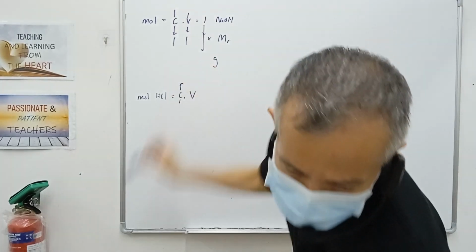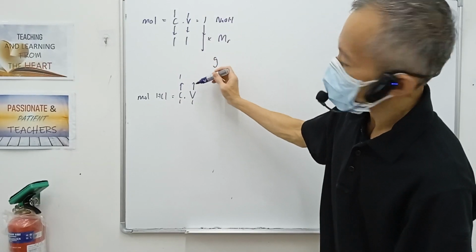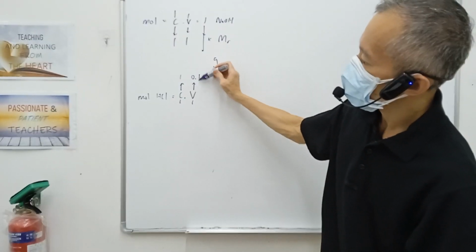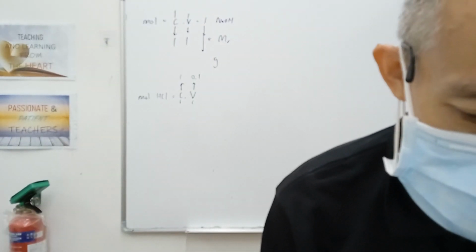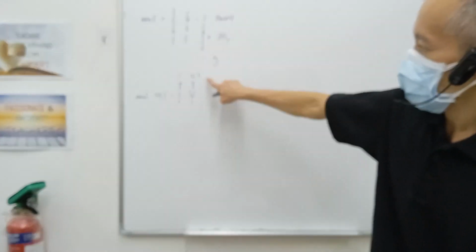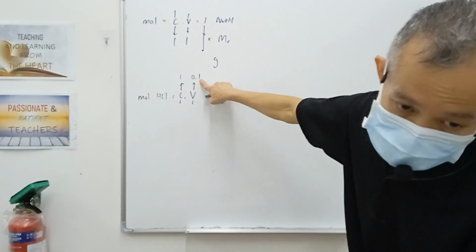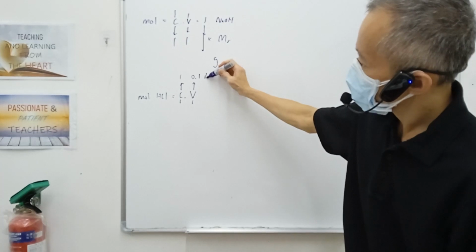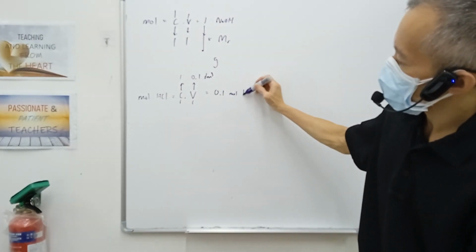Concentration is 1. Volume, I have reminded you again and again. Make sure it's in dm cube. 1000 cm cube is 1 dm cube. So, in this case, it's 0.1 dm cube. So, that means I only have 0.1 mole of HCl.